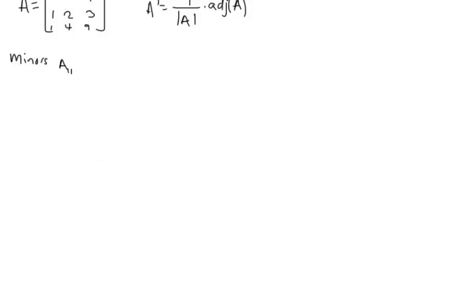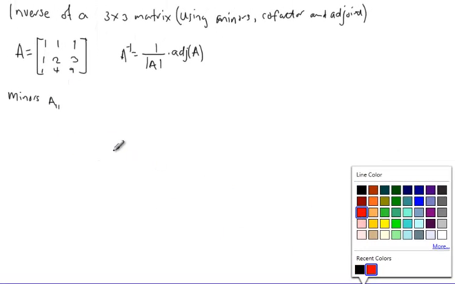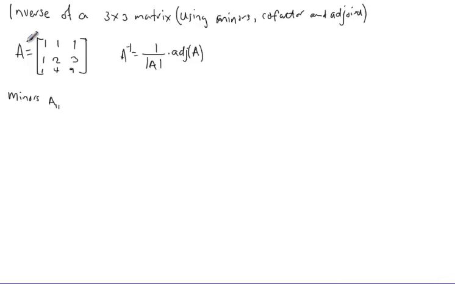Now, we said if you want A11, we must actually drop this row and drop this column altogether. Now, my line there is not very good.